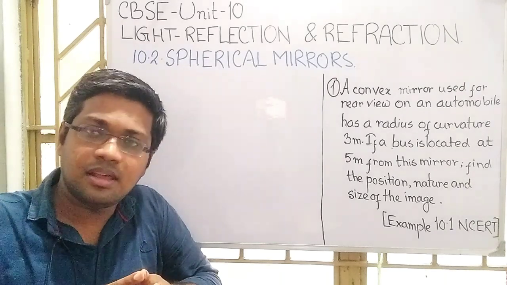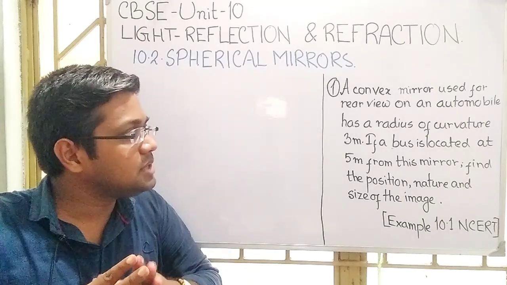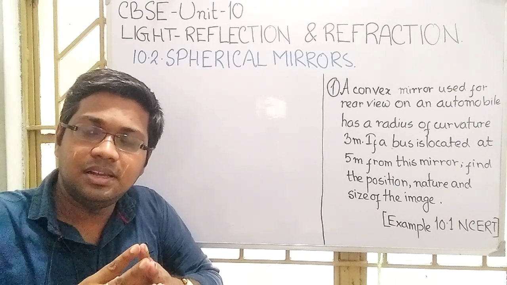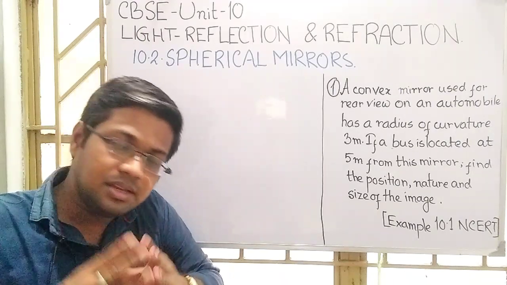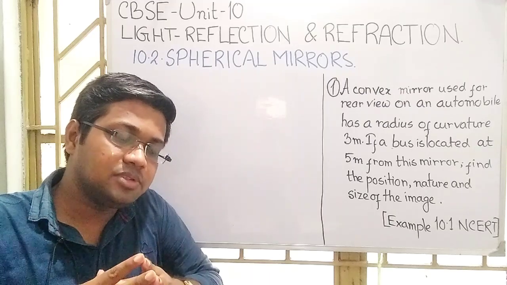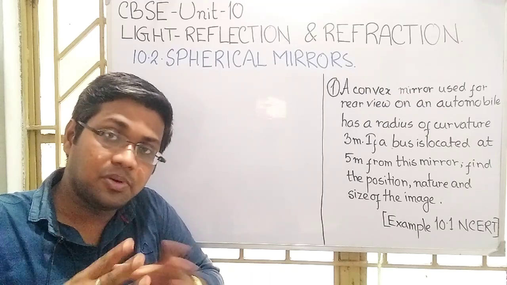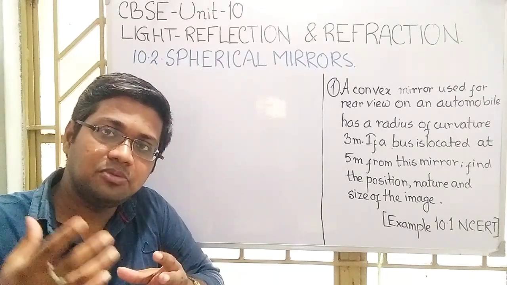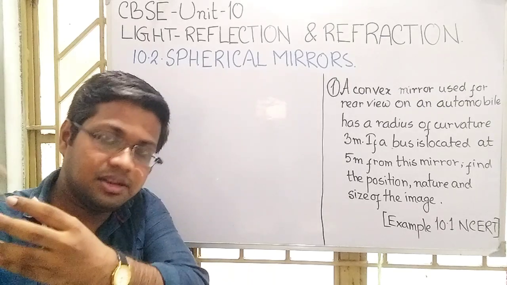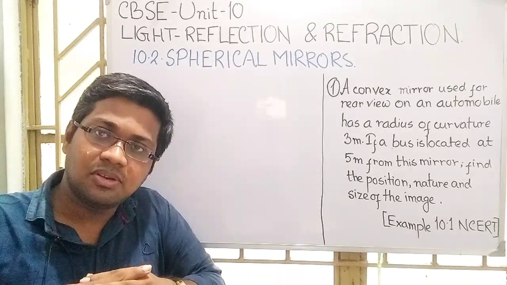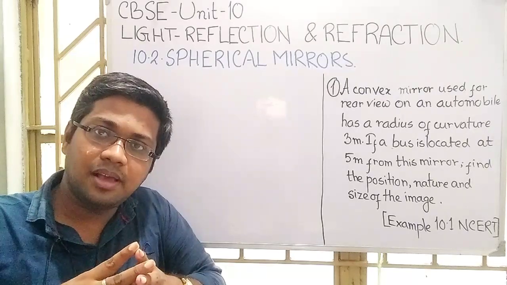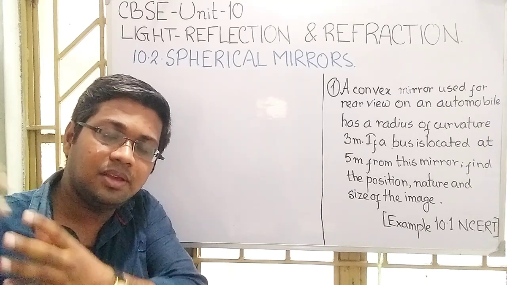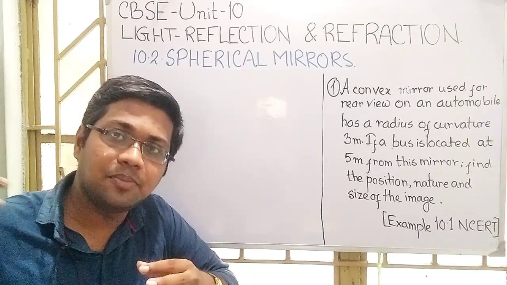Now I am going to discuss the one NCERT example that is in your book on page number 11, and that is a convex mirror is used as a rear view mirror. What is the meaning of the rear view mirror? Basically, the rear view mirror is used in motorcycles and in cars. It is used to see something that is behind the car, or in case of motorbikes, something behind, cars or traffic, whatever it may be, and how it is approaching towards it.